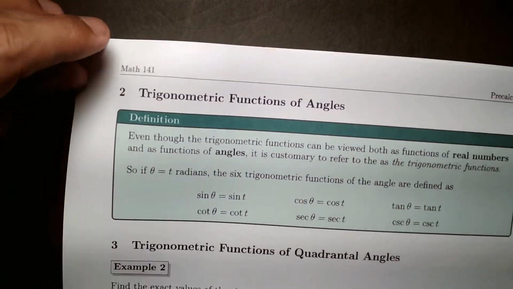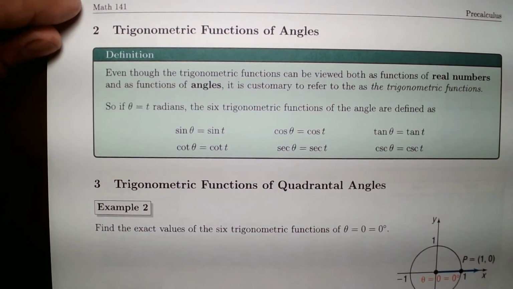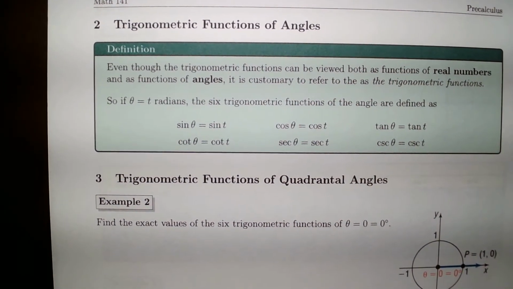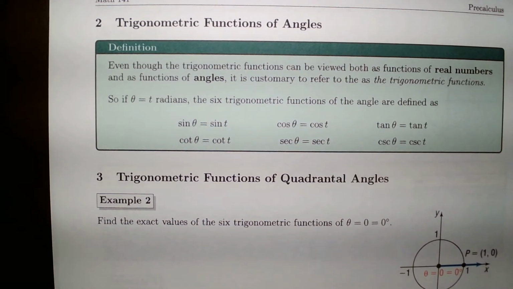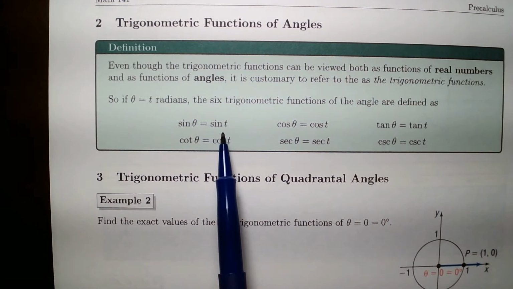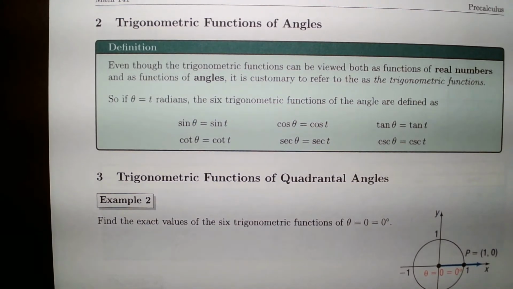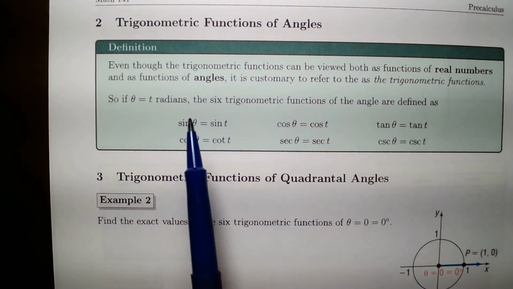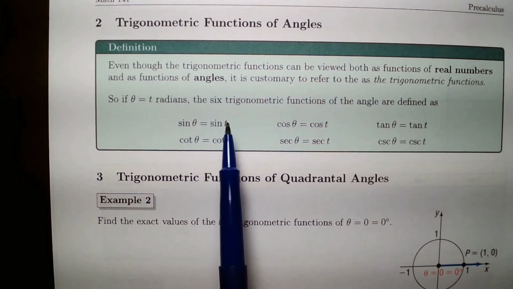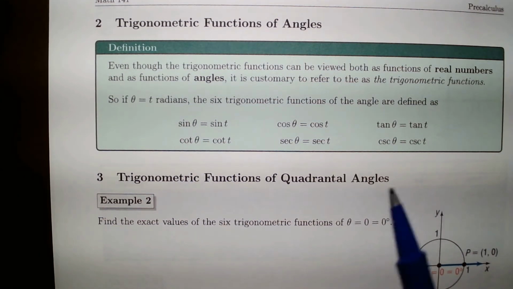Let's redefine the trigonometric functions as functions of angles. Initially we defined the functions for an angle t, but in this case we consider that t as any real number. However, all we're going to do here is just change the notation from t to theta, because we're going to talk about angles.